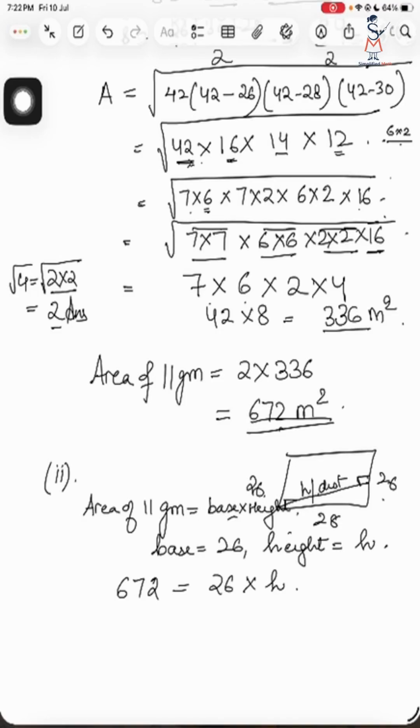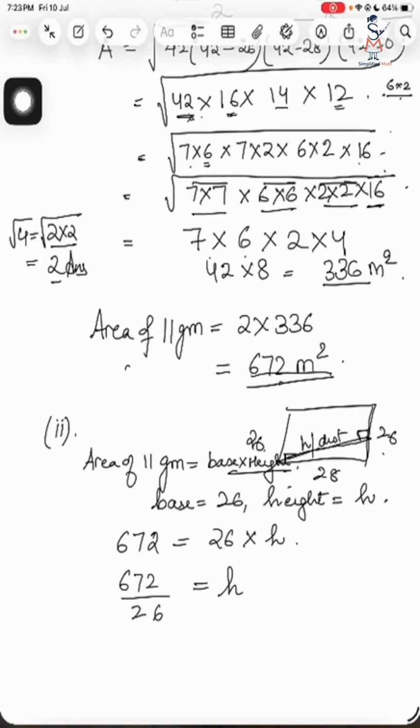You find it this way or that way, the area will be the same. So 26 into h is equal to 672. So h is equal to 672 divided by 26.